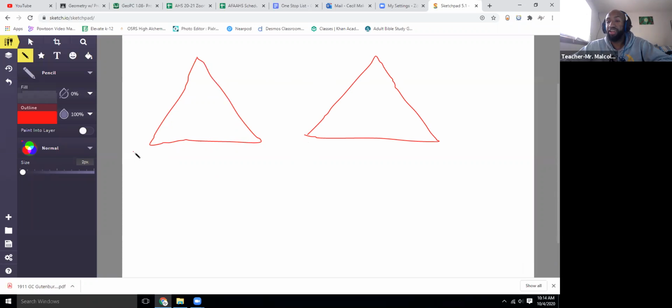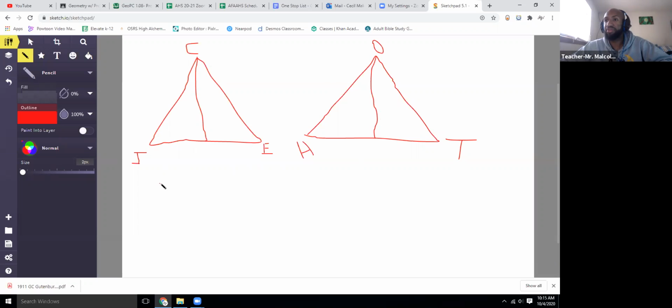So if this is triangle ICE, and this one is triangle HOT, and it tells you that there's a line in the middle from this point, the vertex, down to here, and there is a line from here down to this line, both of them, from the vertex to this line, and you must draw that line.